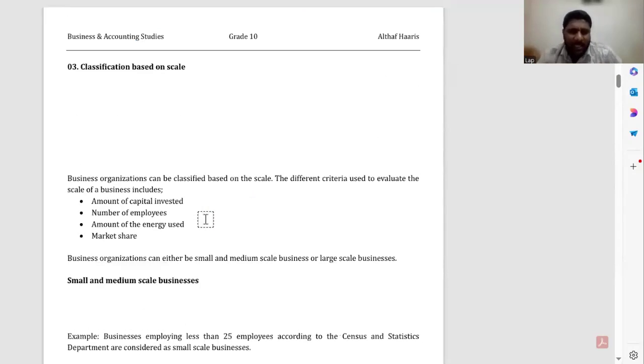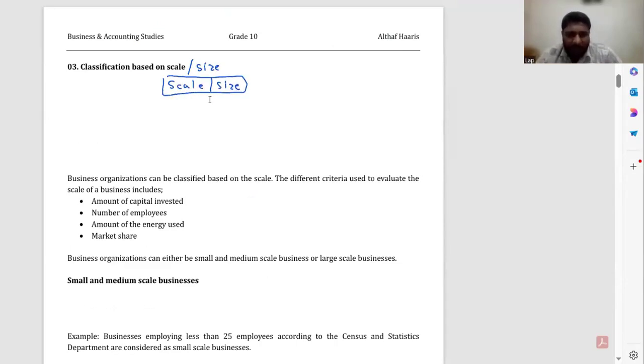Classification based on the scale, or the size of the business. So write down scale or size of the business.